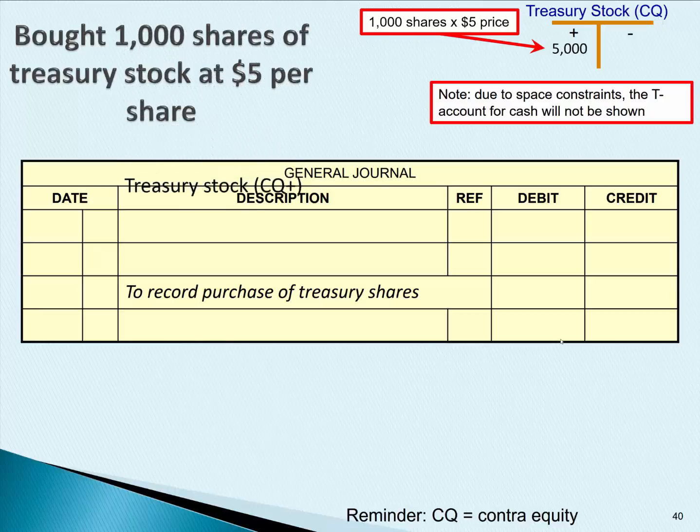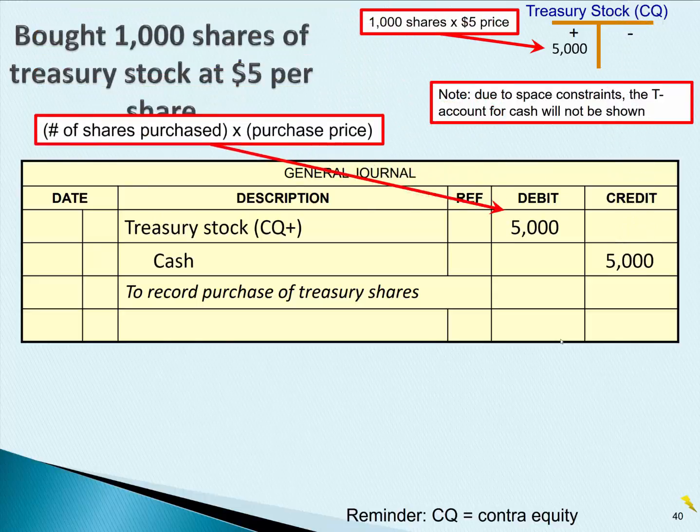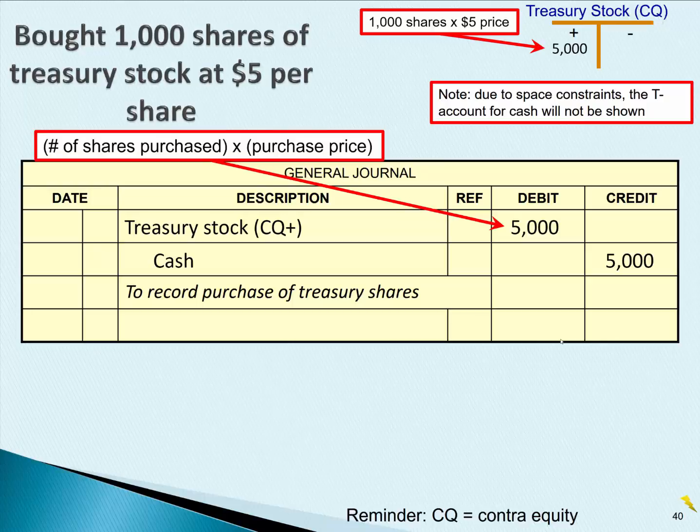So the treasury stock account, the contra equity, is going up. And then, of course, cash is going to be going down. Of course, the $5,000 is just the 1,000 shares times the $5 per share that the company paid for its own stock to get it off the stock market.